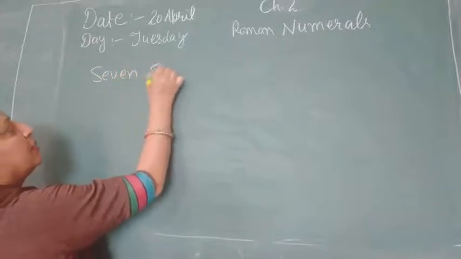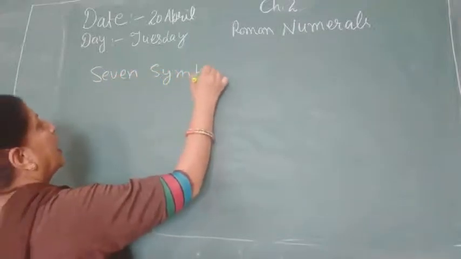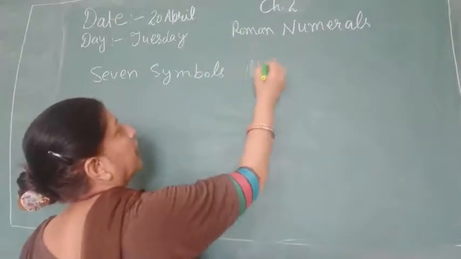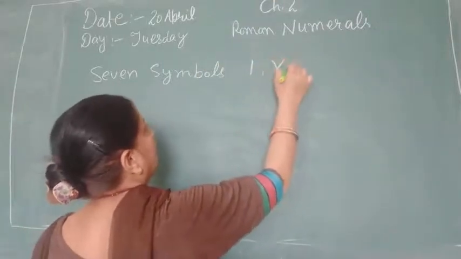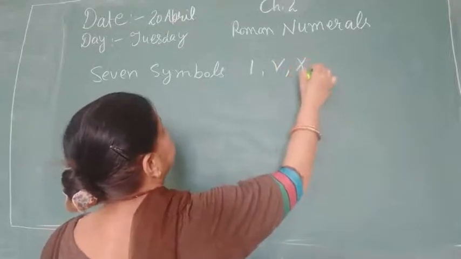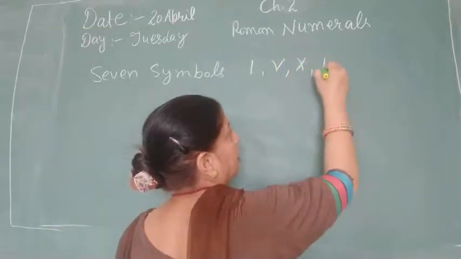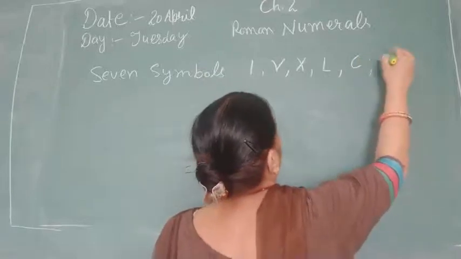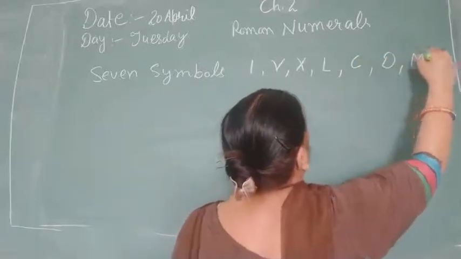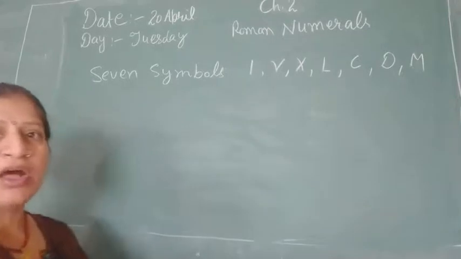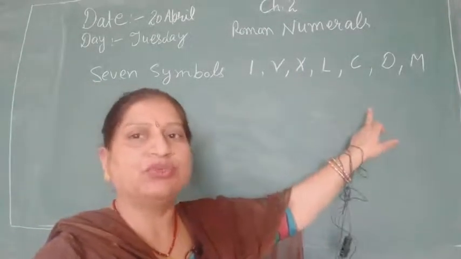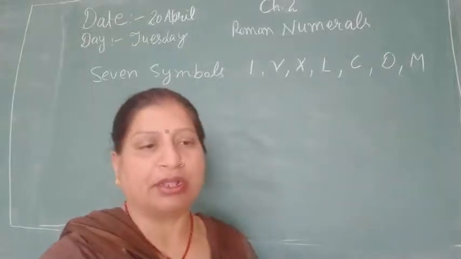These 7 symbols are I, V, X, L, C, D and M. These are the symbols used in Roman numerals.